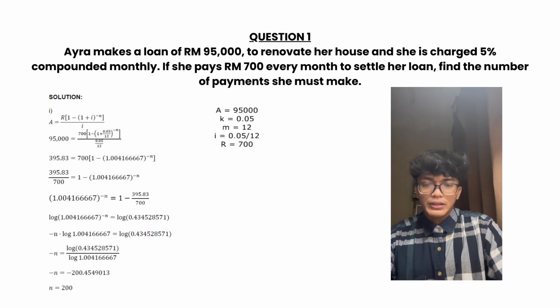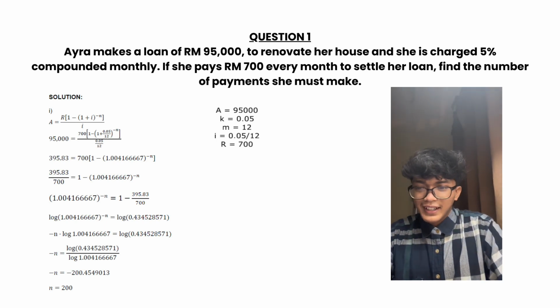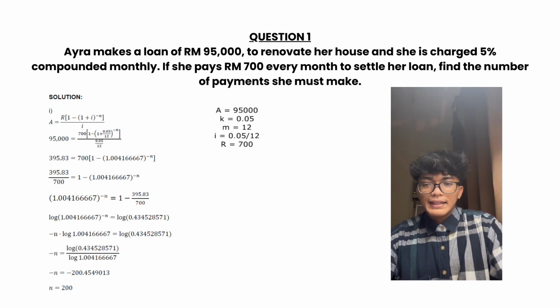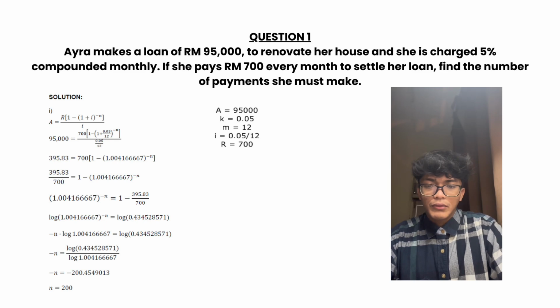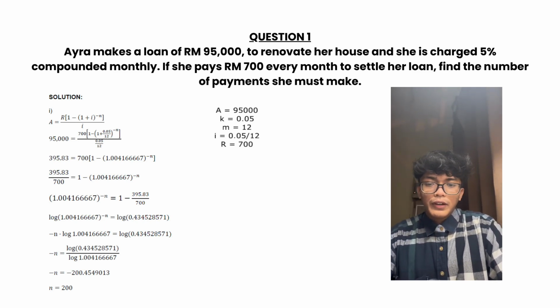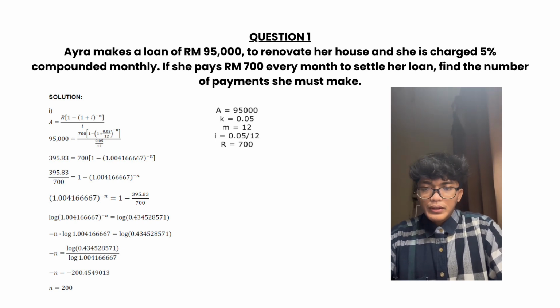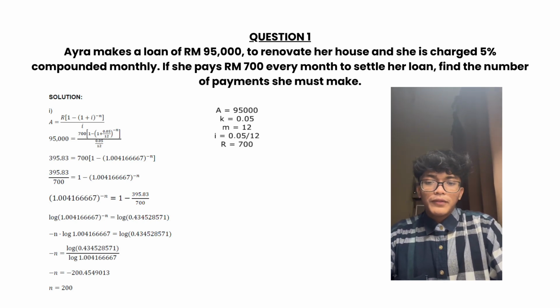In this particular question, we will use log. Firstly, we take the log of 1.00416667 to the power of negative n, which equals log 0.43452851, and we will get negative n times log 1.00416667 equals log 0.43452851.